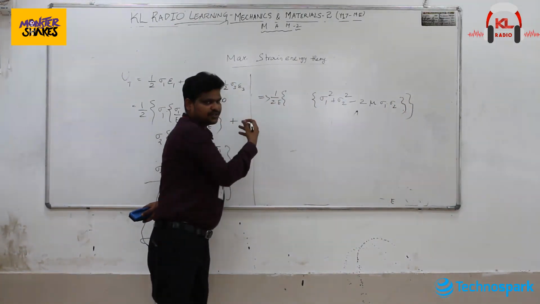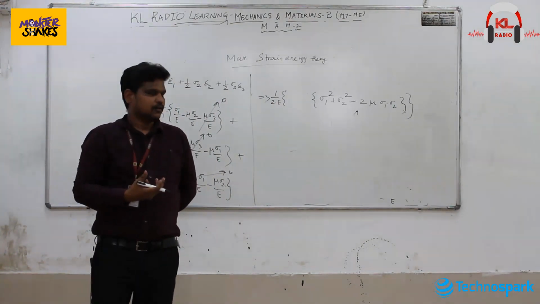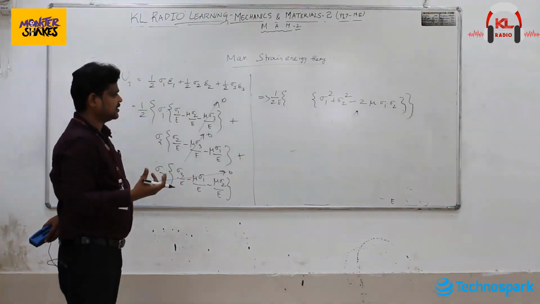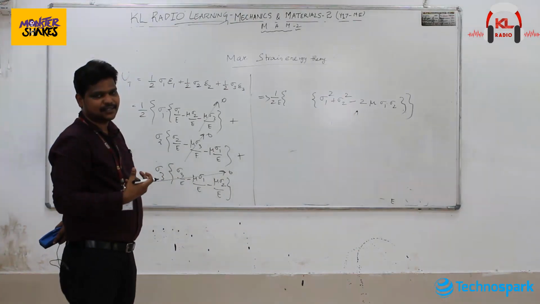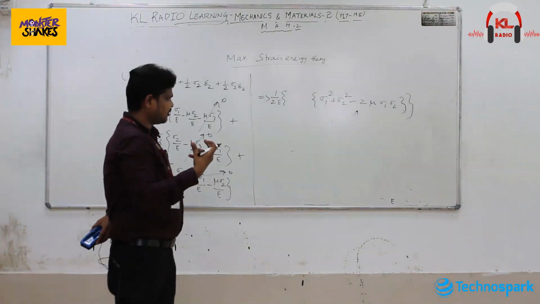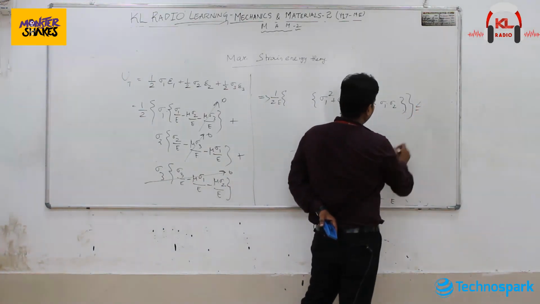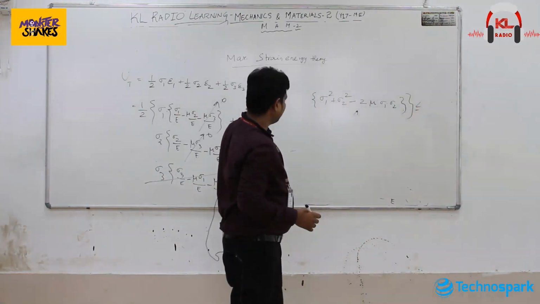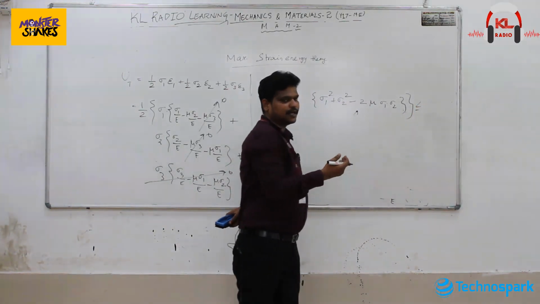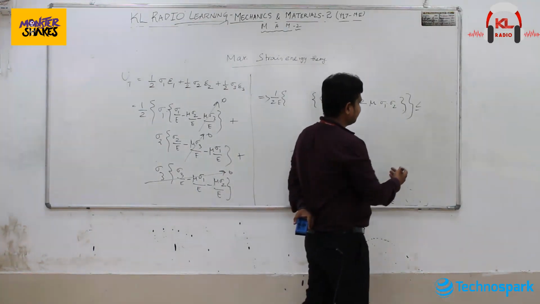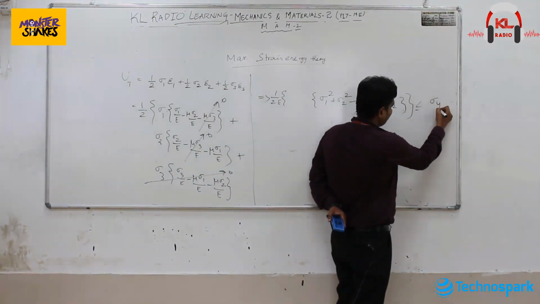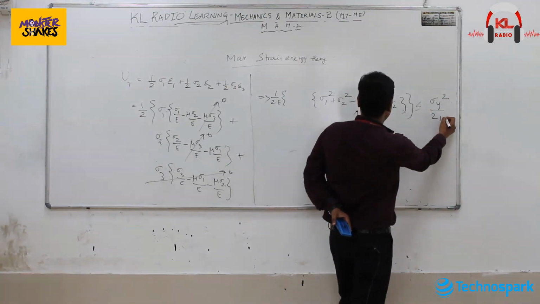This is the total strain energy of a member which is under biaxial loading condition. According to this theory, this should be less than or equal to the total strain energy in a material under uniaxial loading condition, which we calculated as sigma y square divided by 2E, right?